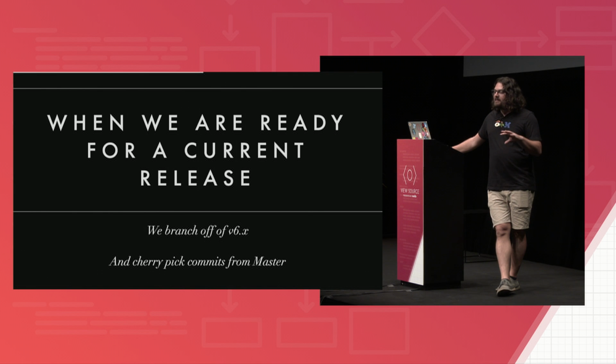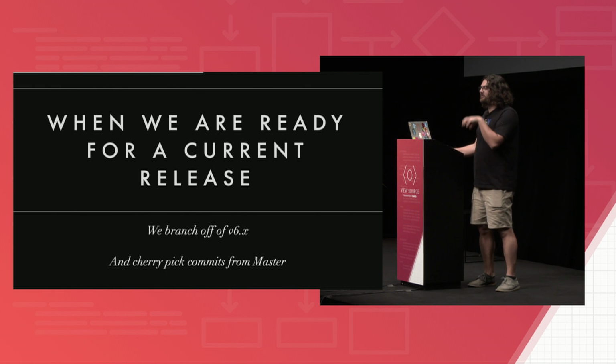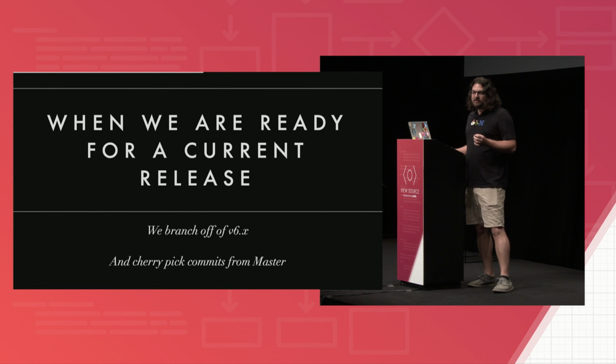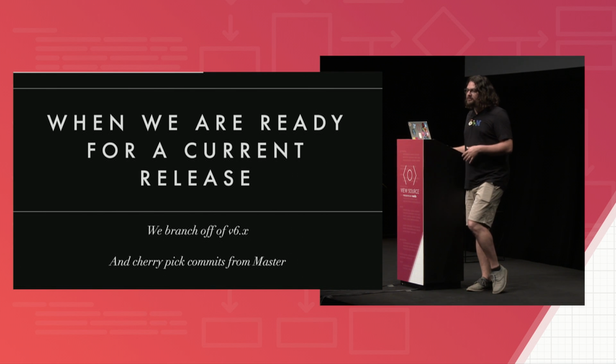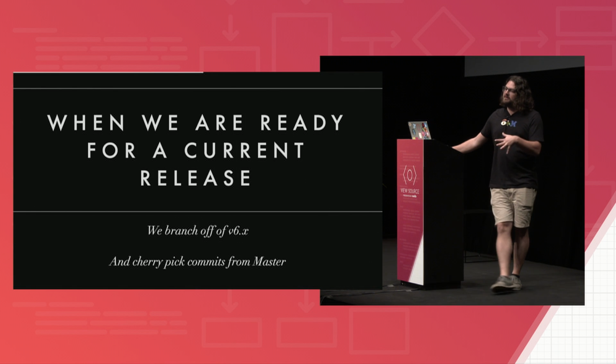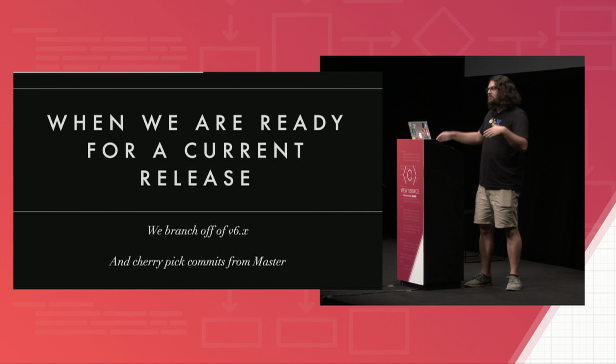When we're ready to make a new current release, we branch off of that .x, and we cherry pick commits from master onto it. We're actually in the process of changing this release process to more closely match our LTS release process, so that things can be more the same between different release streams and also to avoid conflicts.